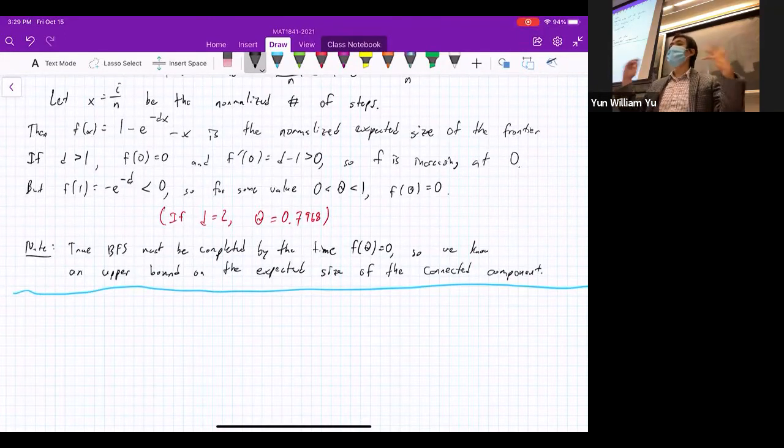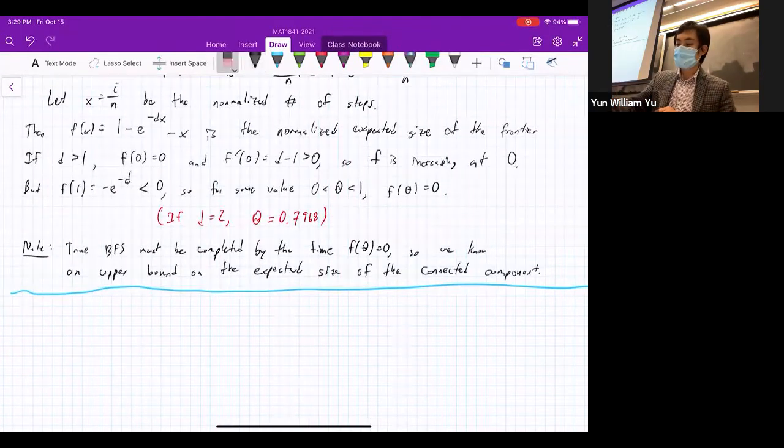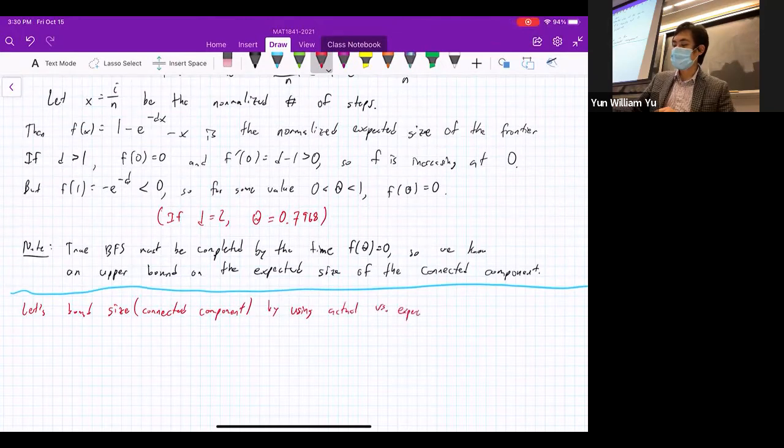But we can use the same setup of this modified breadth first search to actually bound the size of the connected component using the actual versus expected frontier size. So let's do that. So let's bound the size of the connected component by using actual versus expected frontier size.